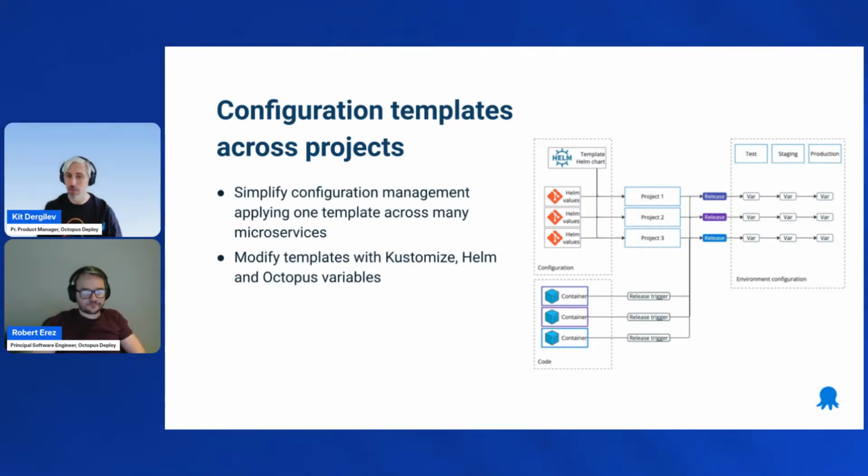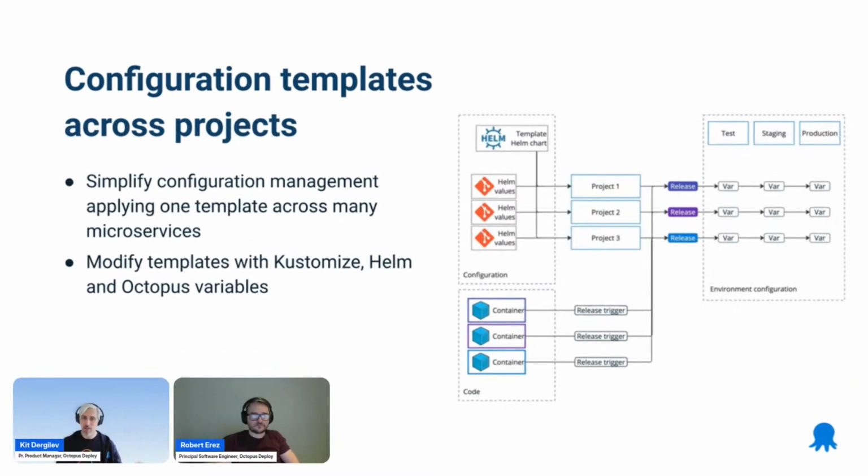You would maybe reference one Helm chart, your golden template Helm chart, in all the projects. That would be your image. And you won't change this Helm chart often because, again, you don't want to affect all the projects at the same time. For the project level, you'll probably reference a Helm values file. And now you can do it from Git.